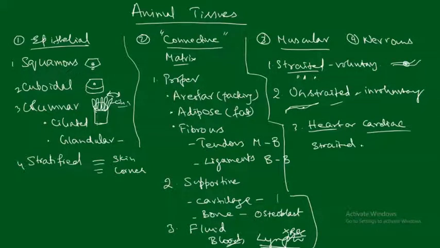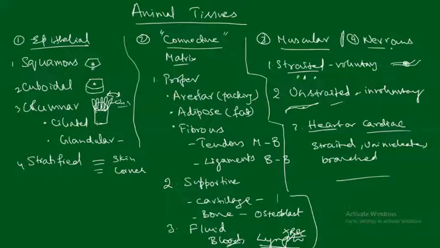They are uninucleate and also branched. They are relatively short, and they contract and expand only upon stimulation from special electrical nodes present in the heart. So these are the three types of muscular tissue: striated, unstriated, and heart or cardiac.